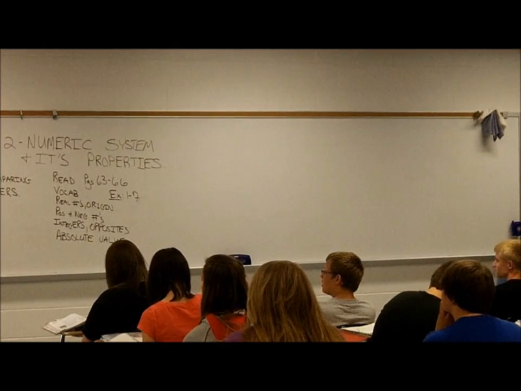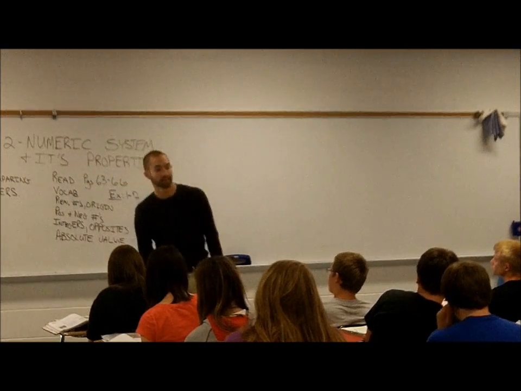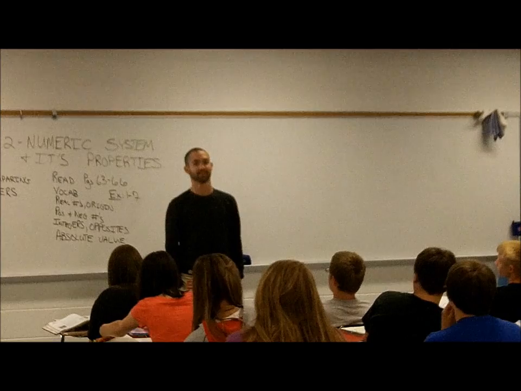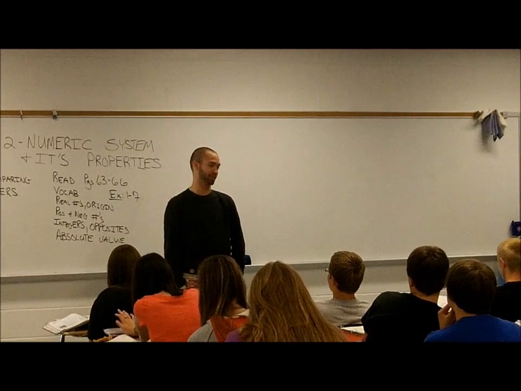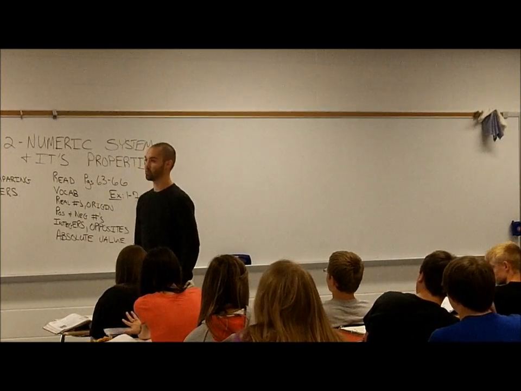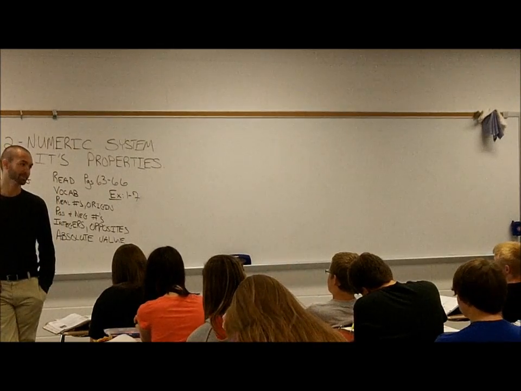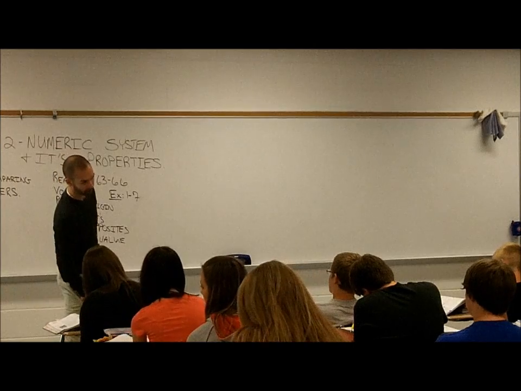So, what did we read about? Numeric systems and properties. Well, we haven't read all about the numeric system and its properties. Ordering and comparing real numbers. What else did we read about? Integers.